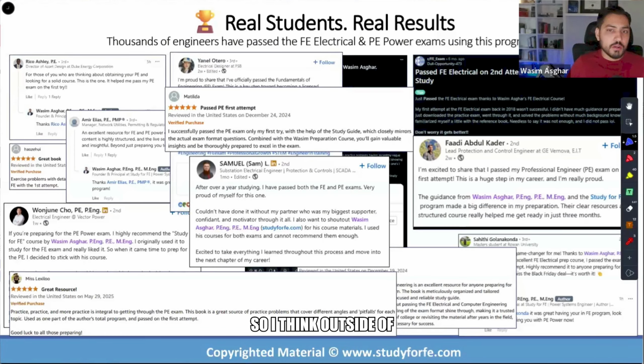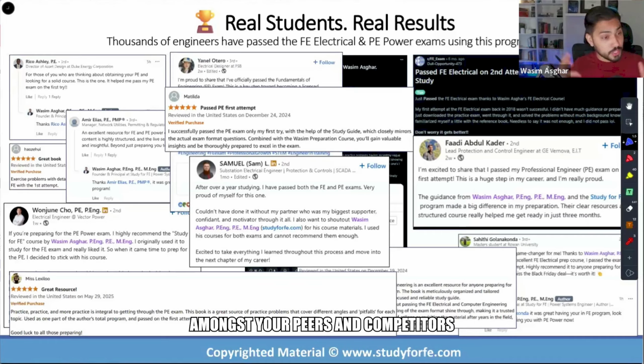Outside of just the obvious certification, the long term view that one should adopt in terms of the rapidly changing dynamics is that this certification helps you not only to stand out amongst your peers and competitors who are humans, but you also have to take into the equation that you essentially are competing with AI. Employers are actively trying to optimize their systems, SOPs, and workflows so that AI can do a bulk of the work.